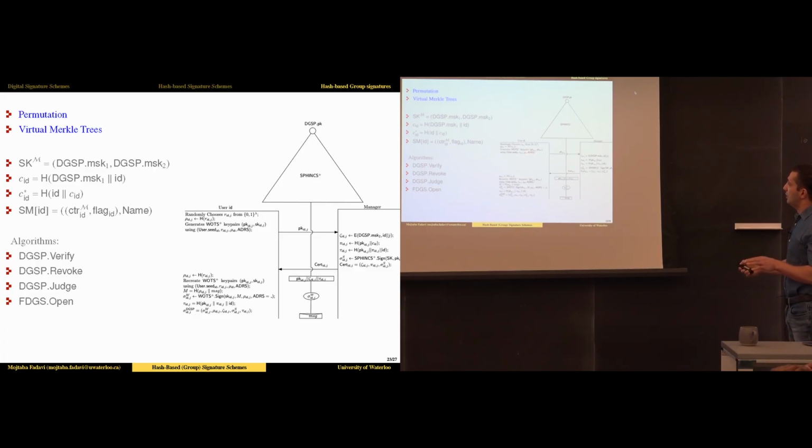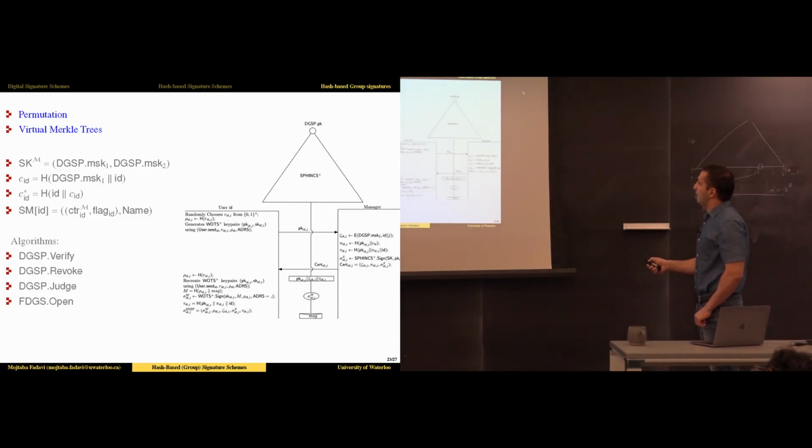I didn't go into the details of tweakable hash functions, but this information is required for them. They are used as the salt and key of tweakable hash functions, if you are familiar with that concept. The public key is sent to the manager. In addition, we suppose that the manager knows this user and knows that he's really user ID.